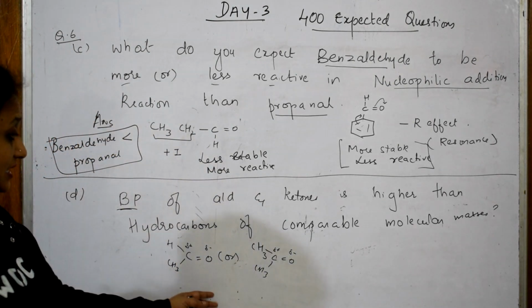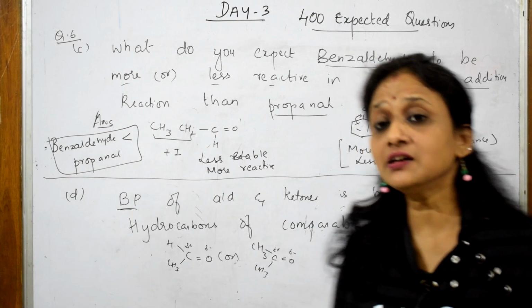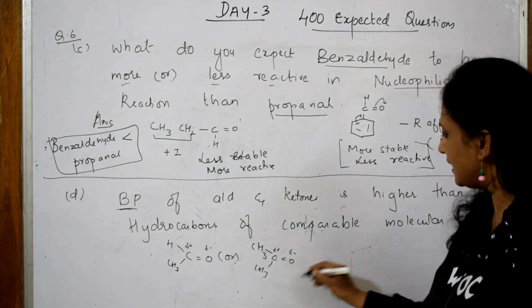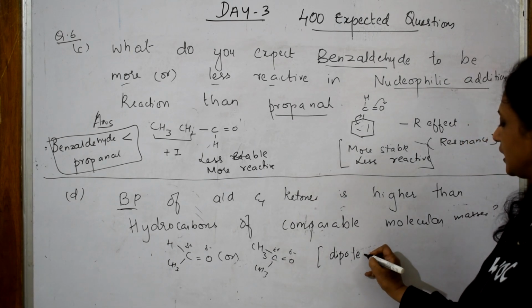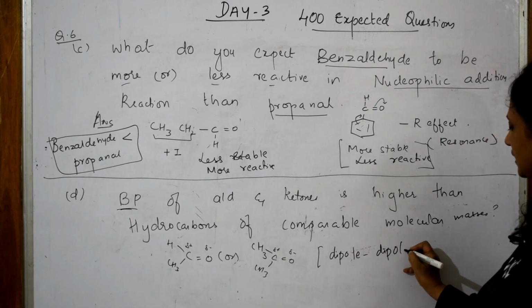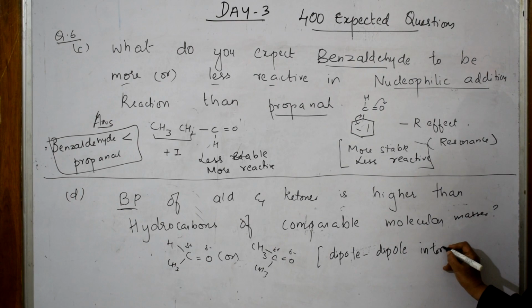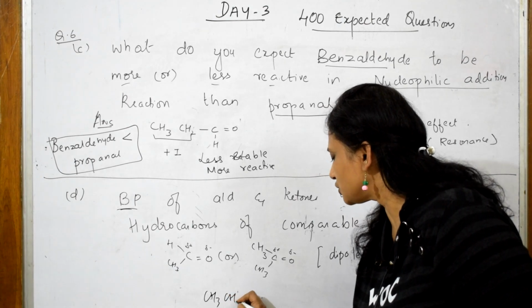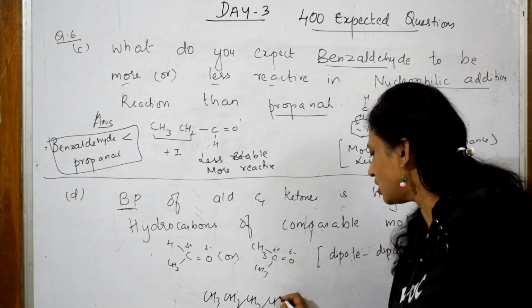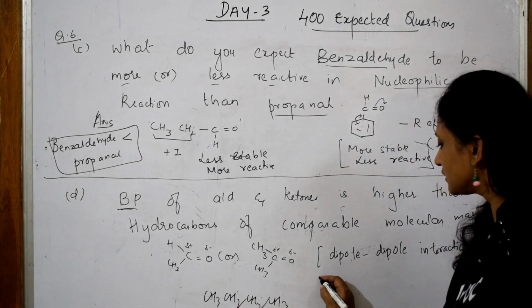Now you tell me, in this case, what forces are existing? In case of aldehydes and ketones, you have dipole forces, correct? No? Dipole interactions. Okay, dipole interactions. But in case of hydrocarbons, CH3, CH2, long hydrocarbons, what forces?